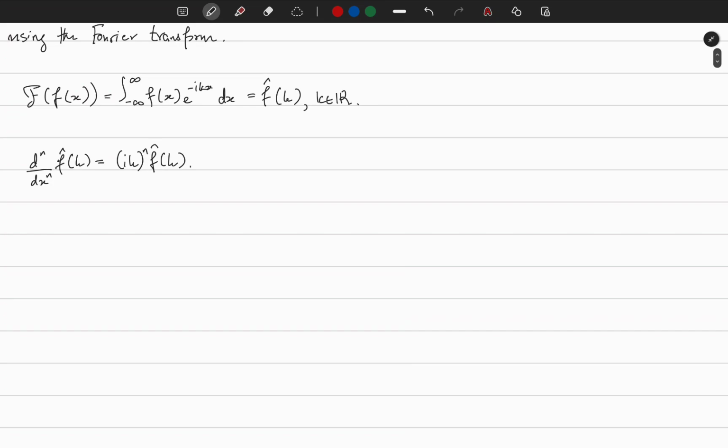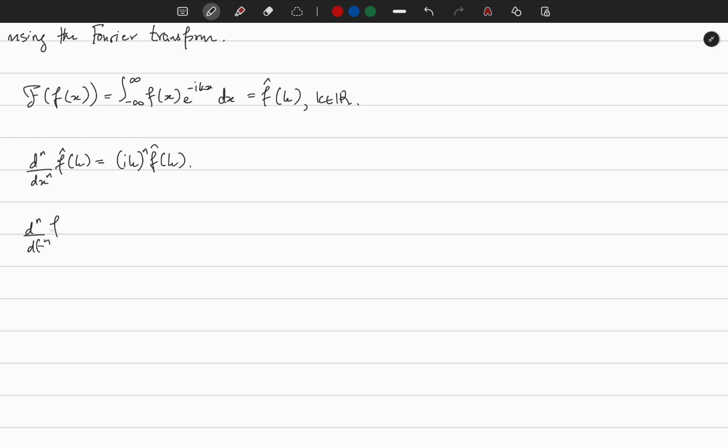So that's the spatial derivatives, how about the temporal derivatives? If we take into account temporal derivatives, notice that the Fourier transform does not do anything with the temporal variable at all. There's no t's in the Fourier transform.